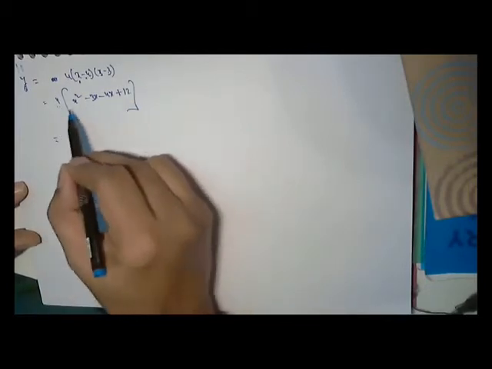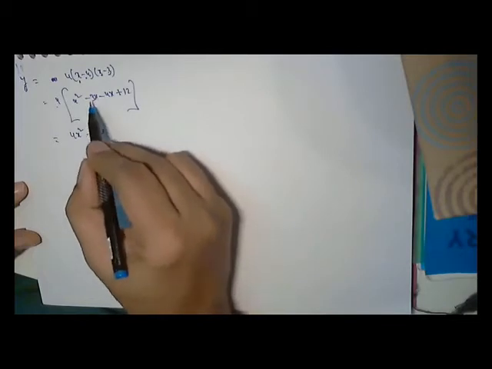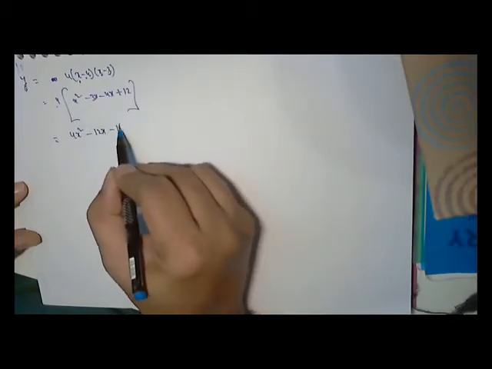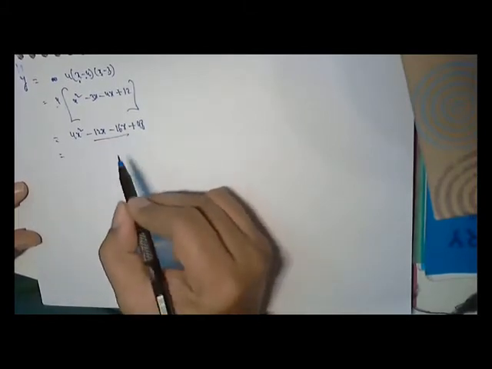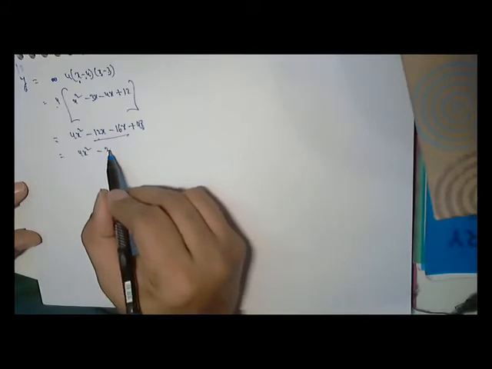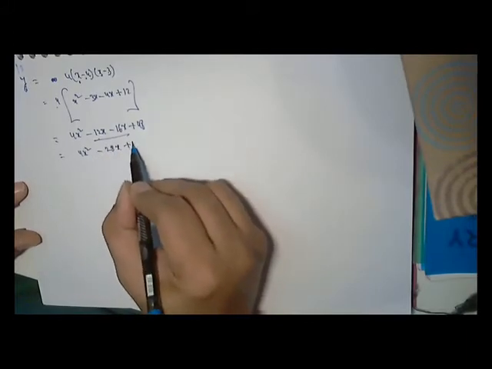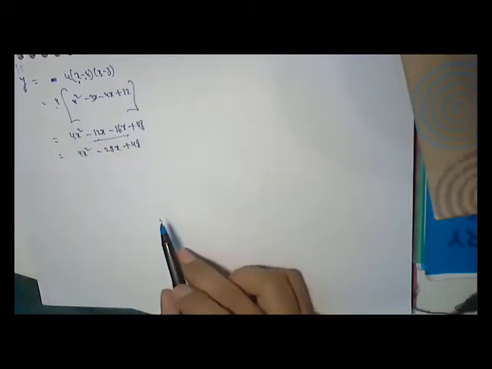When we multiply with 4, 4x square minus 12x minus 16x plus 48. If we add these two, 4x square, minus 12 minus 16 becomes minus 28x plus 48. This is my quadratic equation.